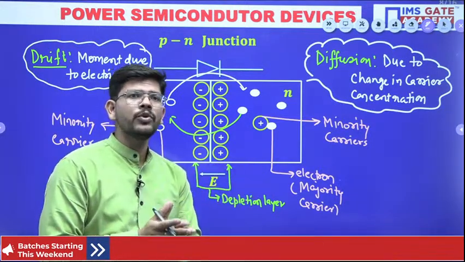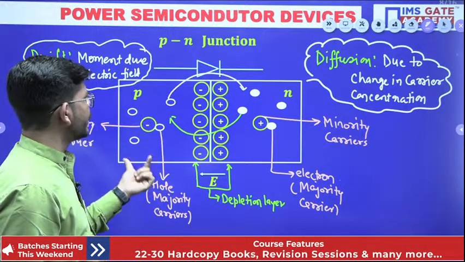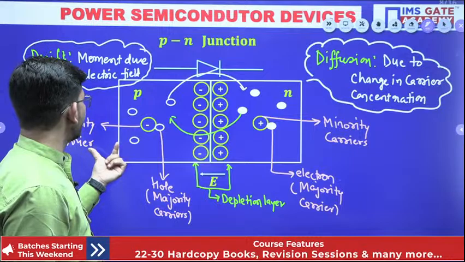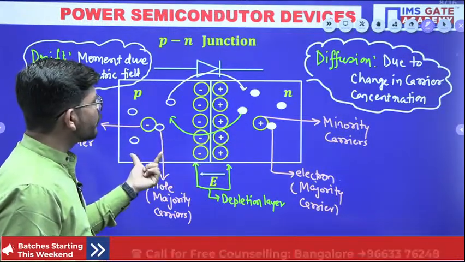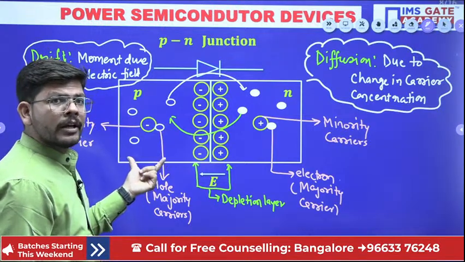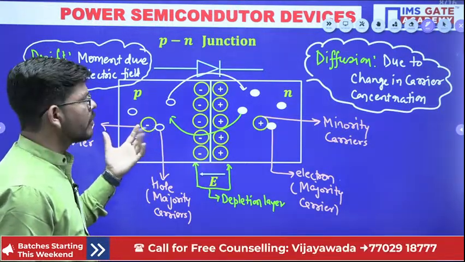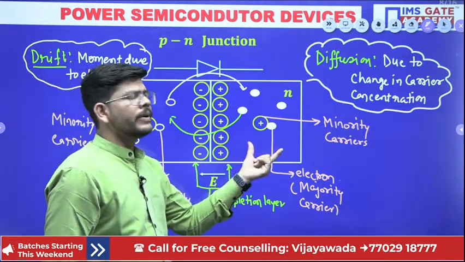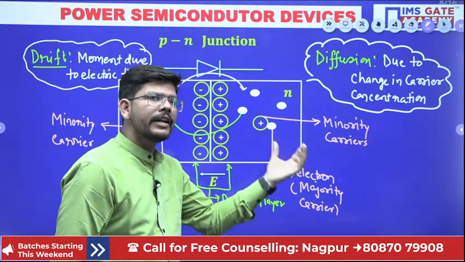So you get to know these concepts: which type of carrier is the majority carrier in P type, and which type is the minority carrier. In P type, the electrons are minority carriers and holes are present in a very great amount. When it comes to N type, the electrons are in excess.